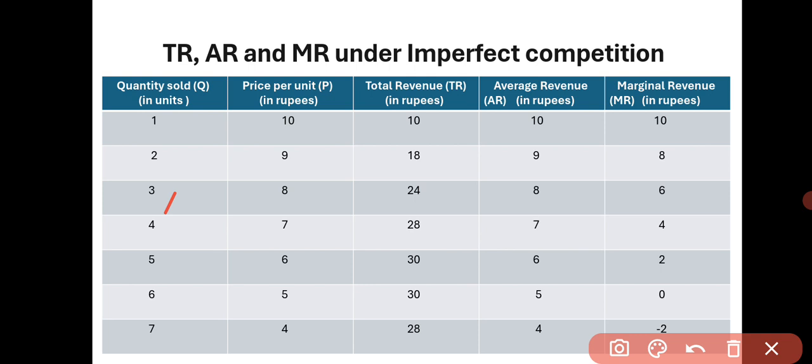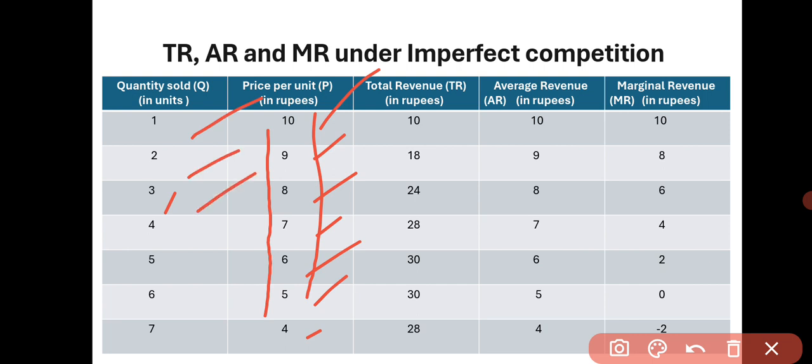You see, with a reduction in the price of the commodity from 10 rupees to 9, 8, 7, 6, 5, 4 rupees, the quantity sold in the market increases from 1 unit to 2, 3, 4, 5, 6 and 7 units.